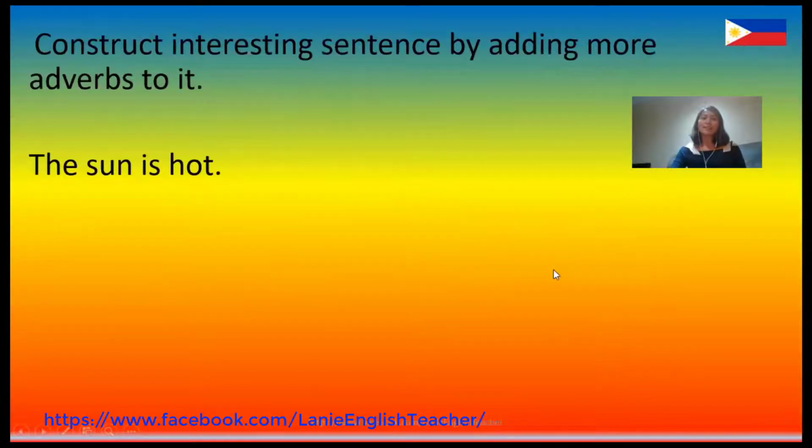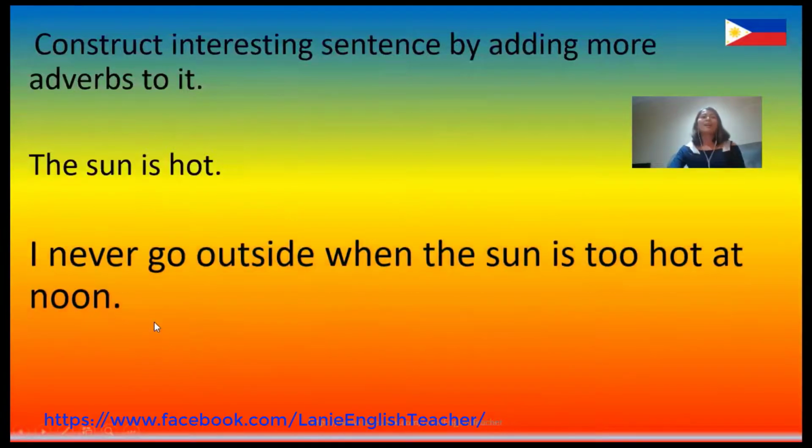All right. So this time, let's do it together. Let's construct an interesting sentence by adding more adverbs to it. Now, this is a kind of a dull sentence. The sun is hot. Can we do it together? So we can do it this way. I never go outside when the sun is too hot at noon.